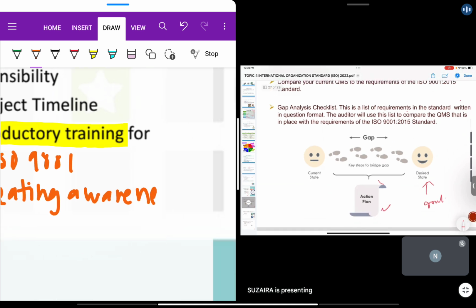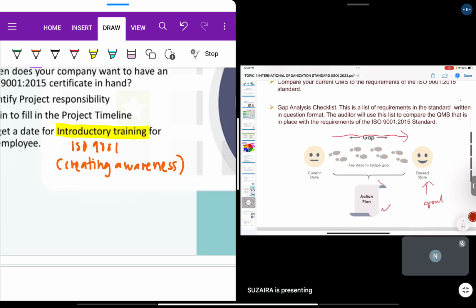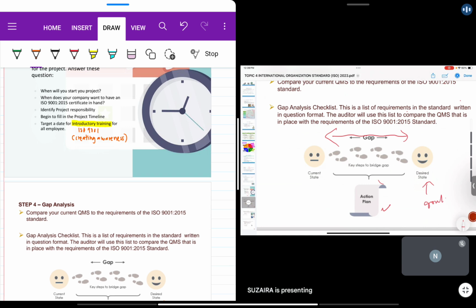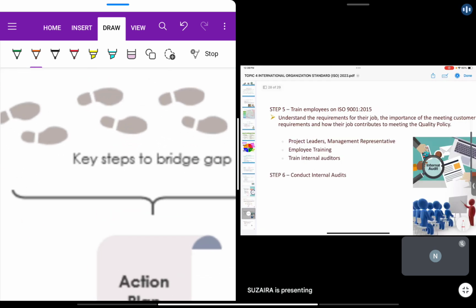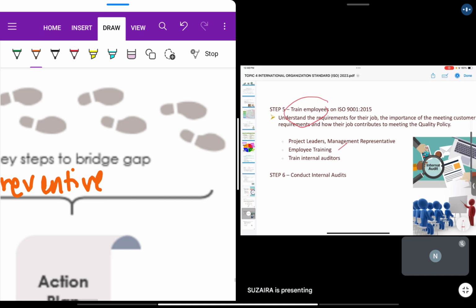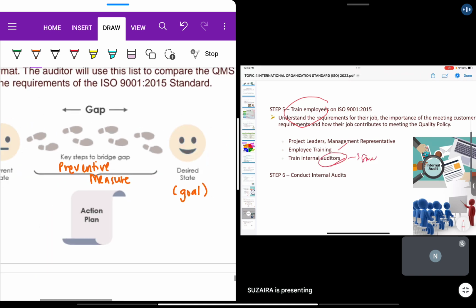So we are working through this gap. You have to identify what you need to have, and this is your preventive measures, and this is where you train your employees to understand the ISO. Okay, training employees, and training the internal auditors among the small team just now, the committee.